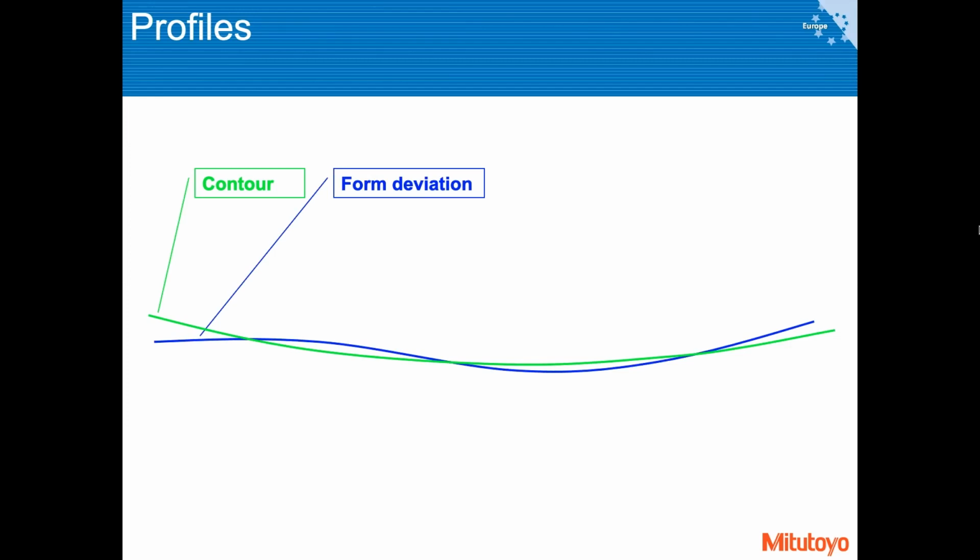The bit smaller ones are form deviations. So you can now see that you originally intended to have a curved surface, but in the end it turned out to be slightly deformed.